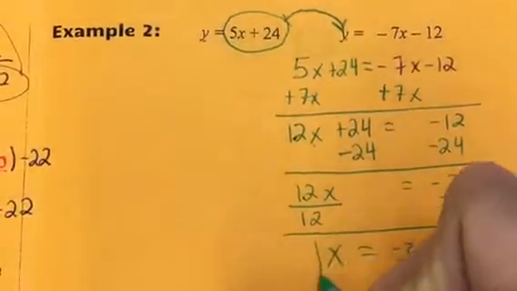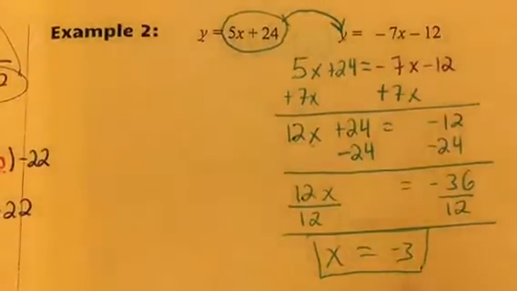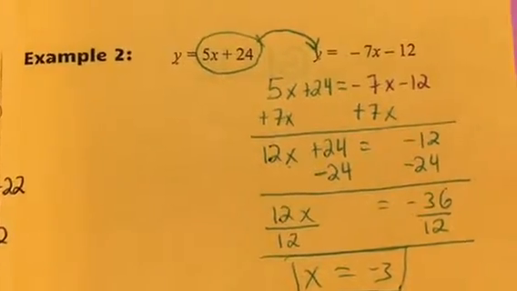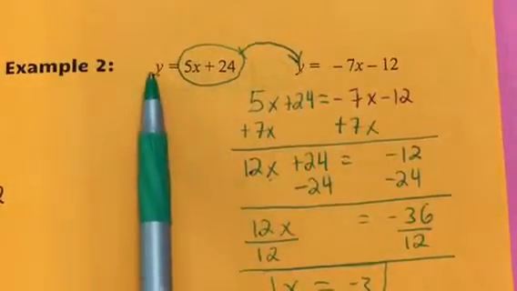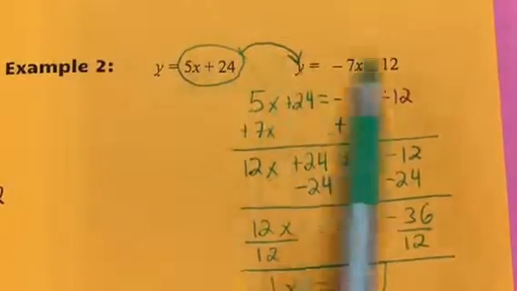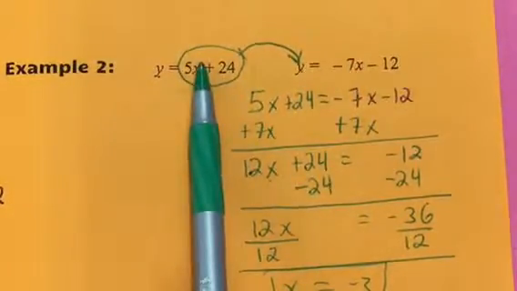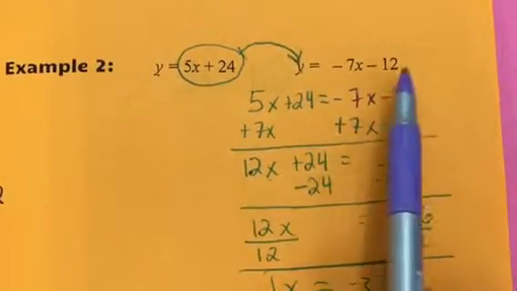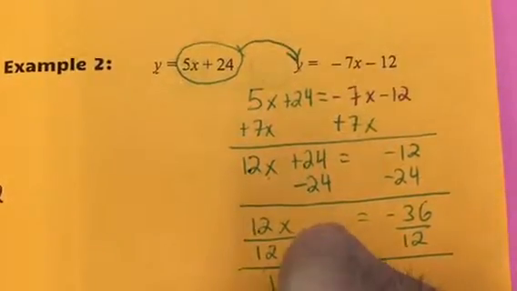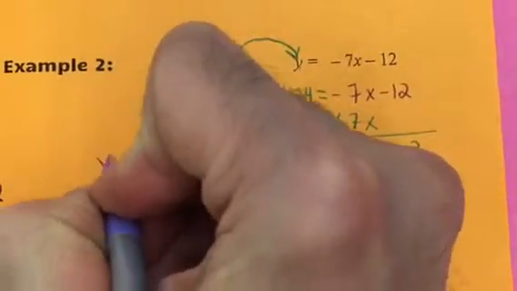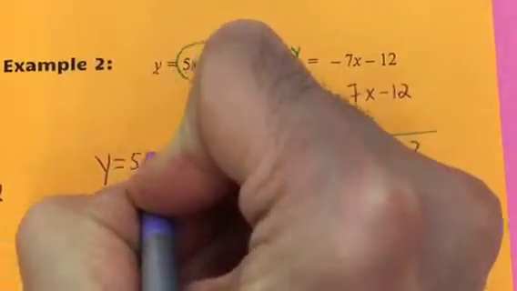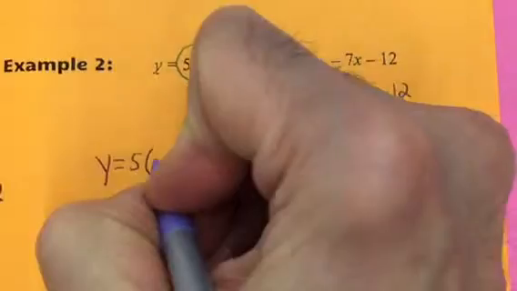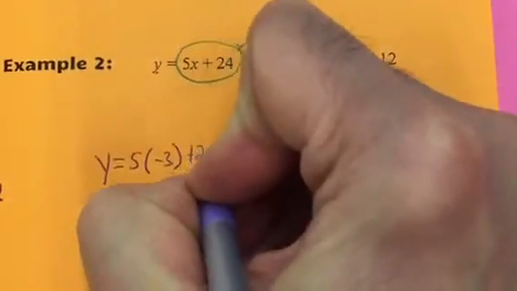Okay, I've got my first answer. I need the y. When I look back up here, y equals, I can choose either one. Let's use this one. Y equals 5 times negative 3 plus 24.